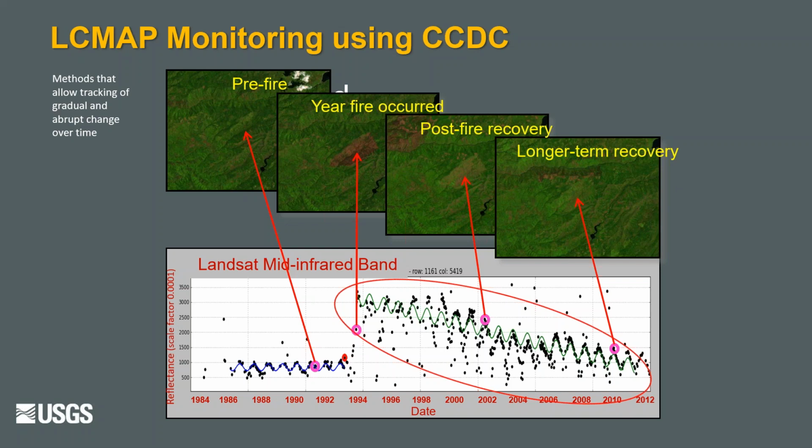And in this example, we see an abrupt change around 1994, and we see two models. So CCDC goes through all these observations and establishes harmonic models that represent the condition of those pixels through time.